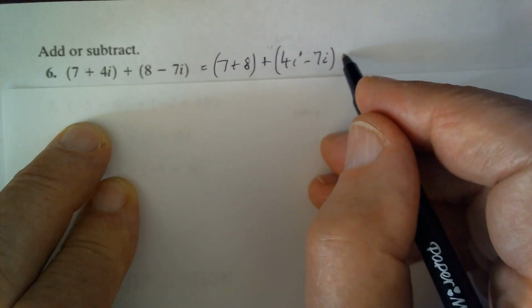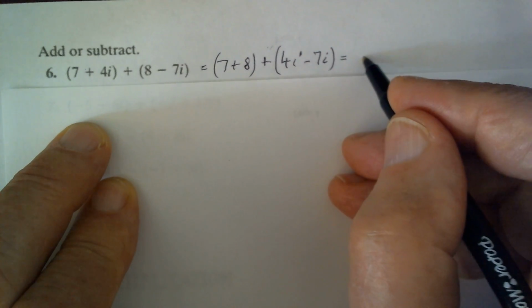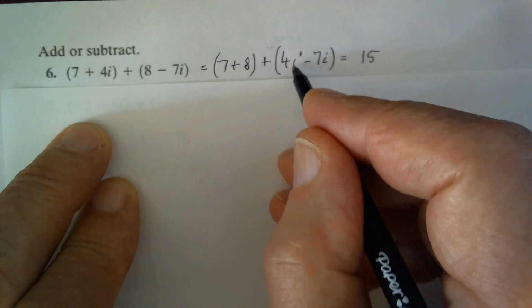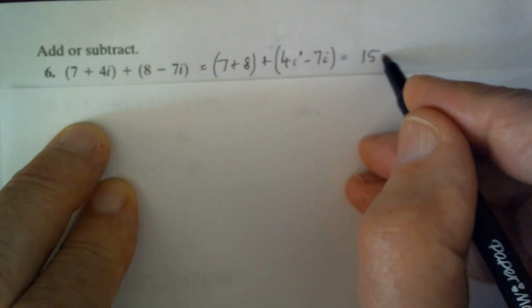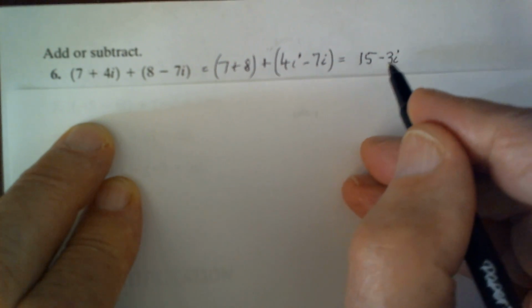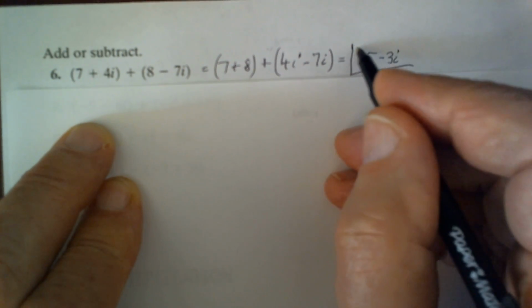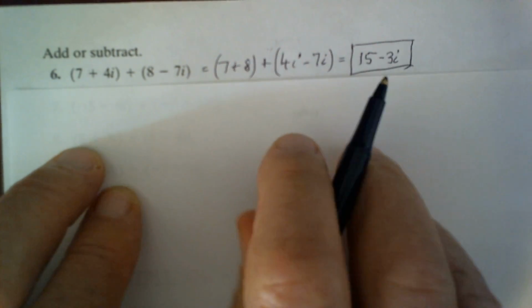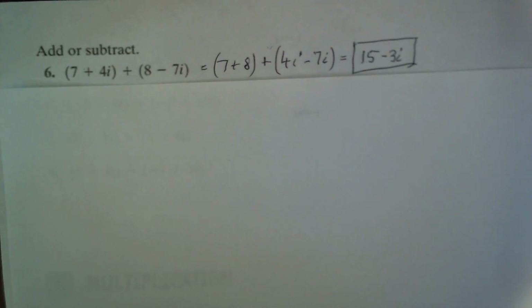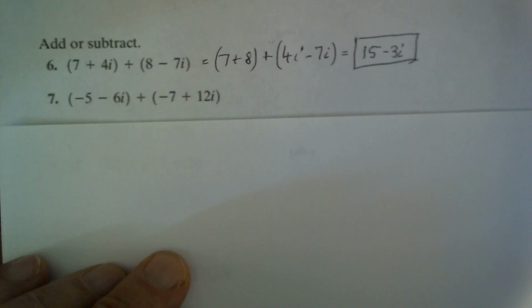And 7 plus 8 is 15, and 4i minus 7i is minus 3i. So it's really quite simple and very intuitive.